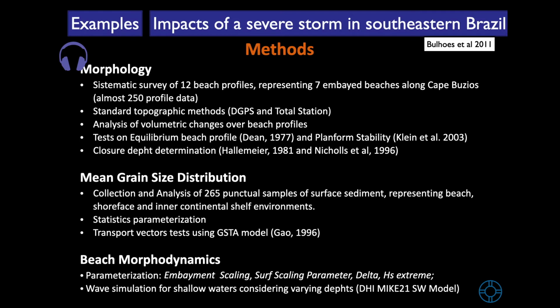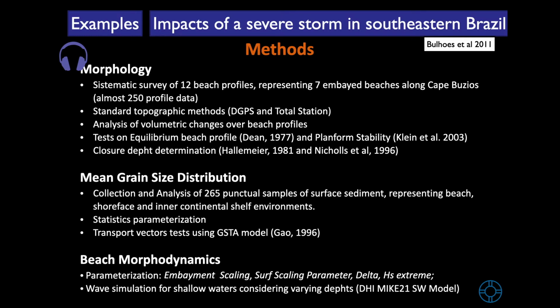For the mean grain size distribution, we have collected over 265 samples of surface sediment representing beach, shore face, and intercontinental shelf. We have made some statistical parameterization and used a model of transport vectors on the bays and bay beaches.